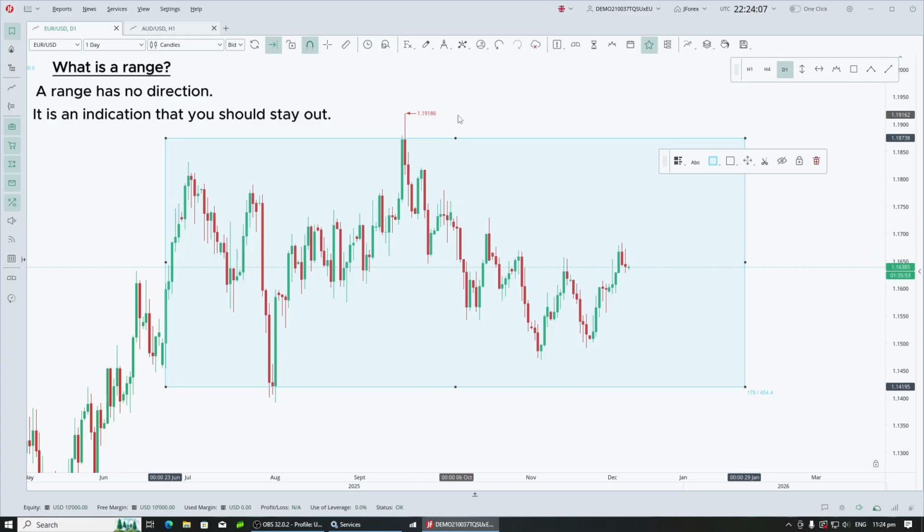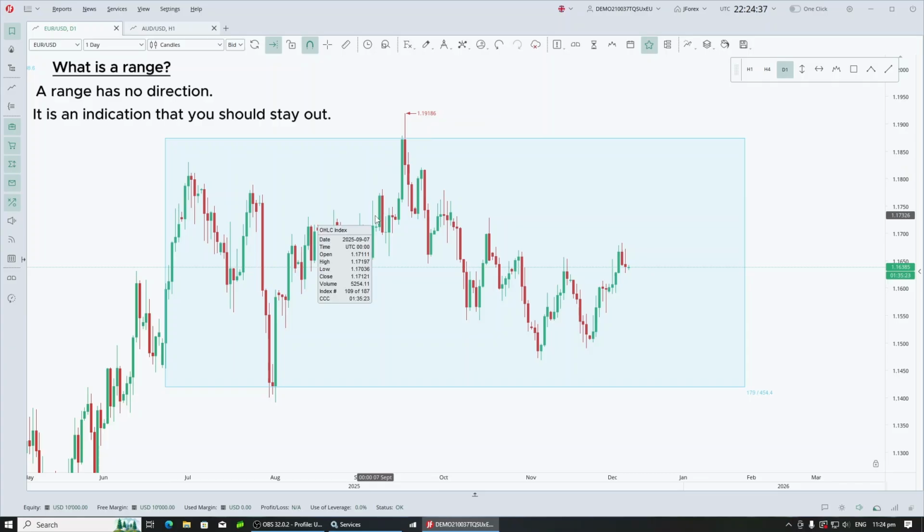So that is exactly how to identify a range, and this is where most trading strategies fail. Most traders typically ignore the daily time frame, or if they are trading in the 5 minute time frame, they ignore the higher time frame. They're supposed to be trading with the higher time frame direction in order to identify if they are trading in a range or a trend, because it's a market condition, and no matter the system you use, you are going to be affected by any market condition.